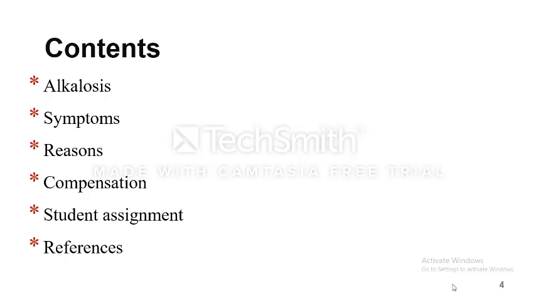Then after the detailed discussion of the acid-base disturbance, the students will be assigned a few assignments to do, and I hope after careful listening of this lecture, the students will be able to do all this. And then there are the references or the books you can consult to have a detailed overview of this acid-base imbalance. And you can also search the internet for some more details on this topic.